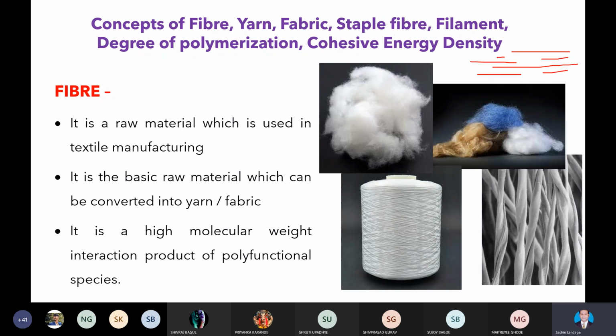Is the definition of fiber clear? Any doubt? See, there must be an interaction. Clear? Okay, then we'll move to the next slide.